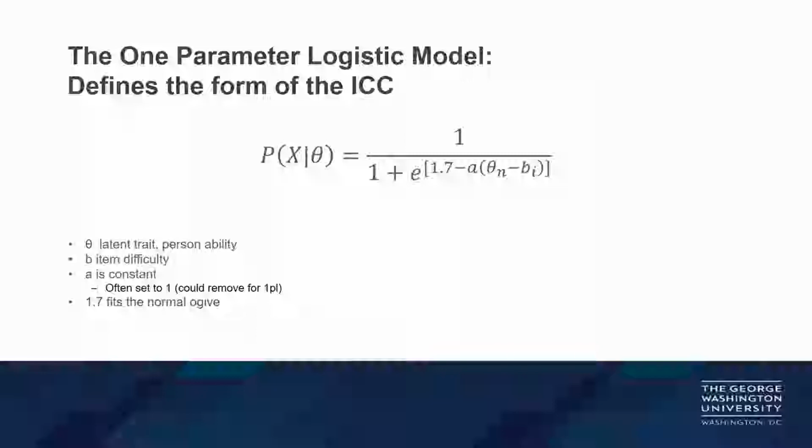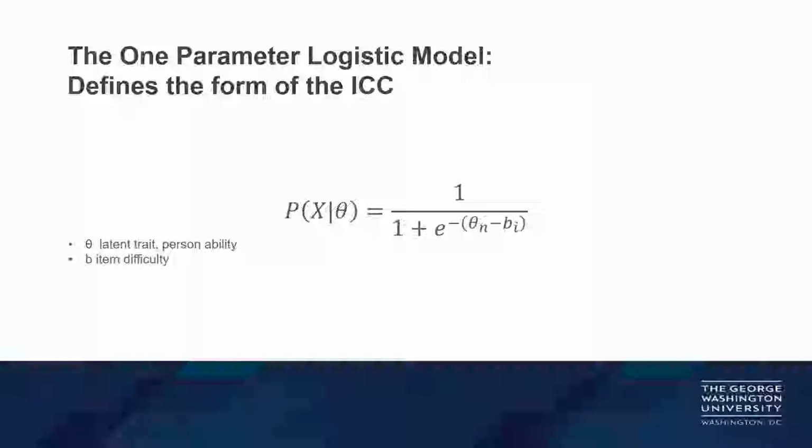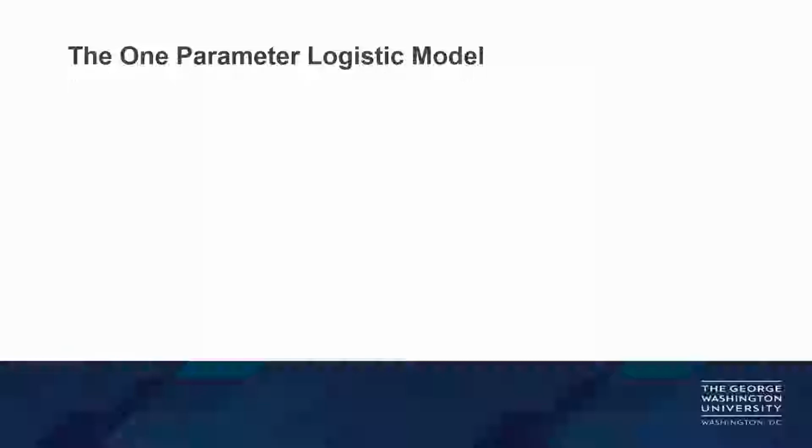And if we want to fit this to the normal ogive, we can just multiply by 1.7, as we can see in our model. This is just a simpler version without that 1.7, because often we can just use the logistic form, because we care about comparing people to items on the same scale.